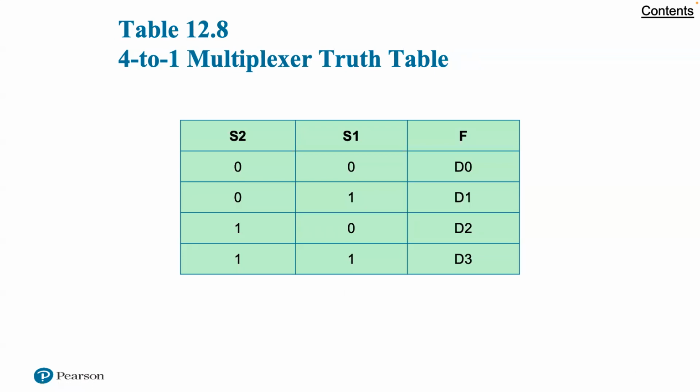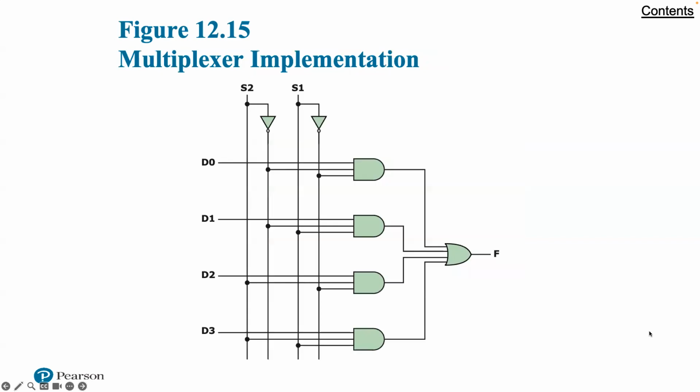An example of a 4-to-1 multiplexer is defined by the truth table shown in table 12.8, which we're showing now. This is a simplified form of a truth table. Instead of showing all possible combinations of the input variables, it shows the output as data from lines D0, D1, D2, or D3. So it's a switch, basically. Figure 12.15 shows an implementation using AND, OR, and NOT gates.